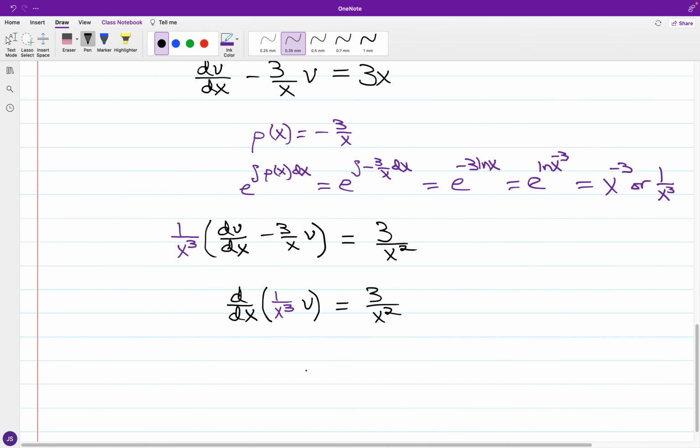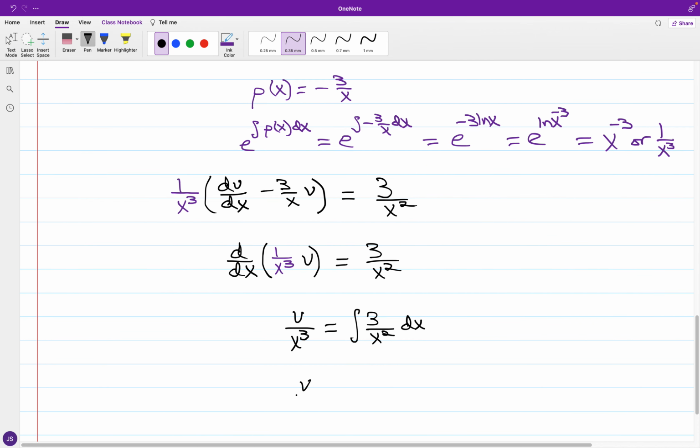And integrating over both sides, we have v over x cubed is equal to the integral of 3 over x squared dx. And so we have v over x cubed is going to be equal to the negative of 3 over x followed by the constant.